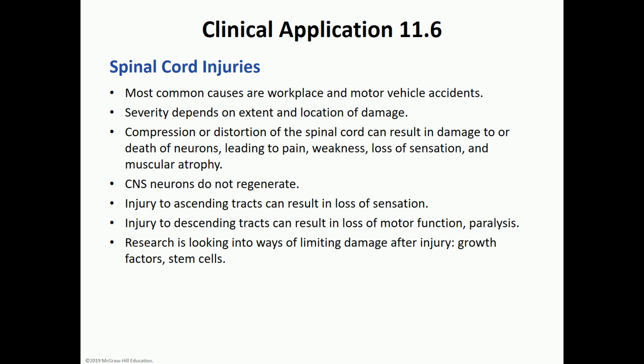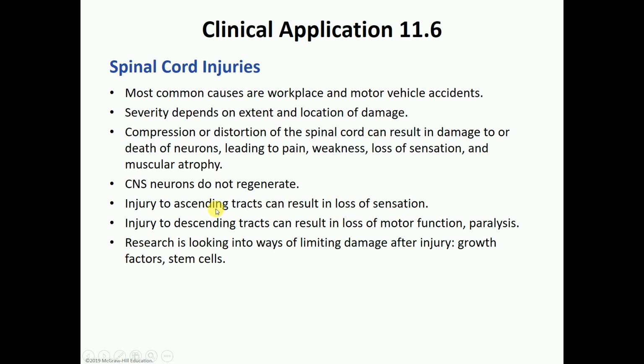Fortunately, the nerves that are found in the periphery can regenerate, but the unfortunate thing is that the neurons that are found in the CNS, like these spinal neurons, cannot regenerate. Okay, so if there is any injury to an ascending tract, that leads to loss of sensation.